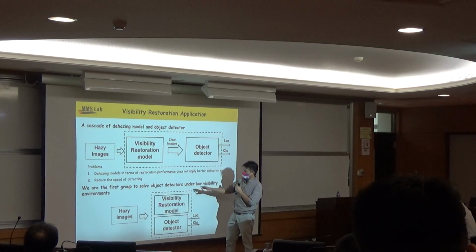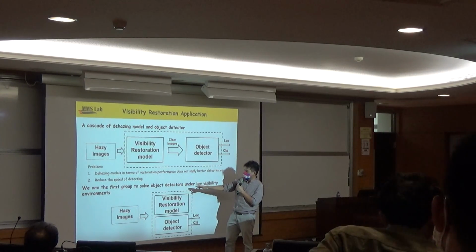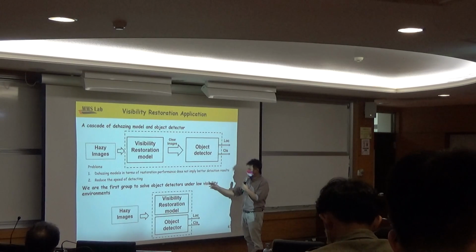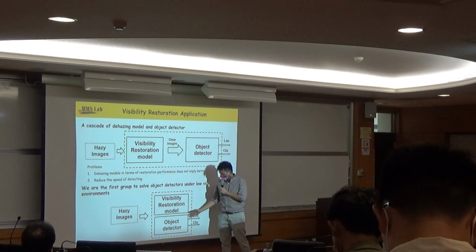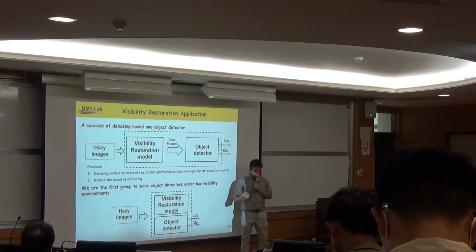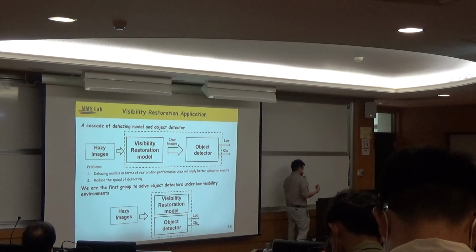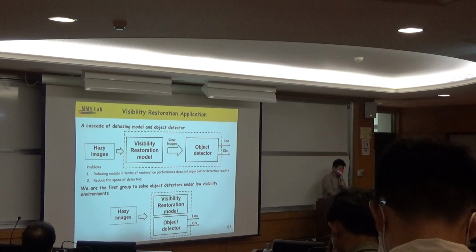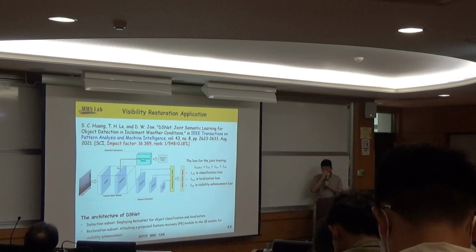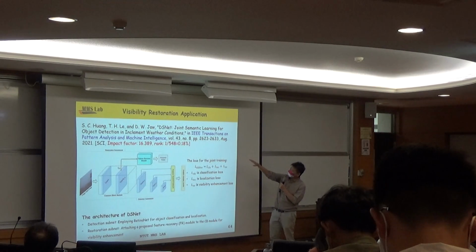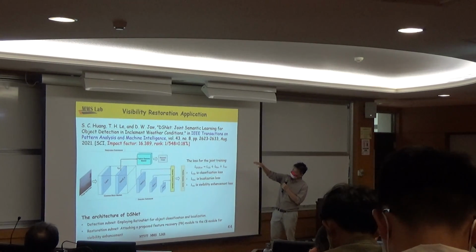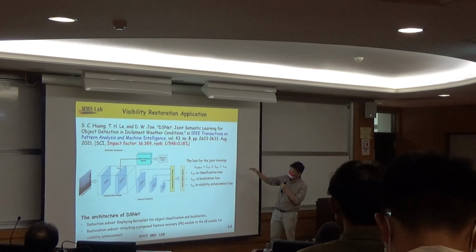And in my solution, I am the first group to solve object detection under low visibility. So I design a parallel model like this way. And we get better performance compared to the previous one. So this is our journal paper, and we published it in the IEEE Transactions on Pattern Analysis and Machine Intelligence.